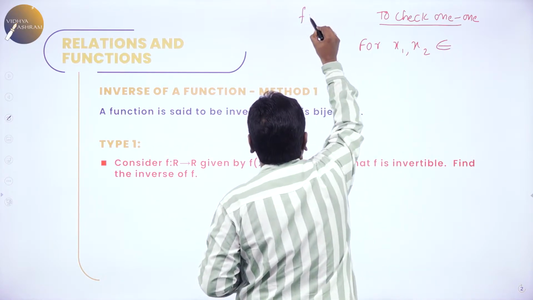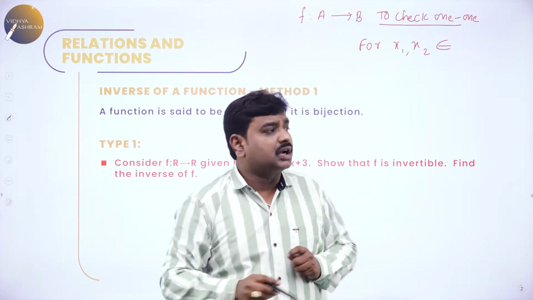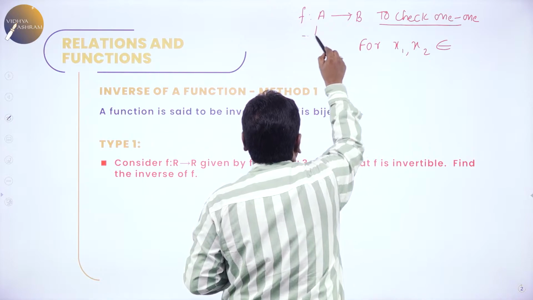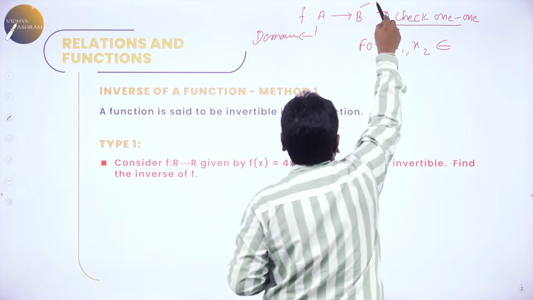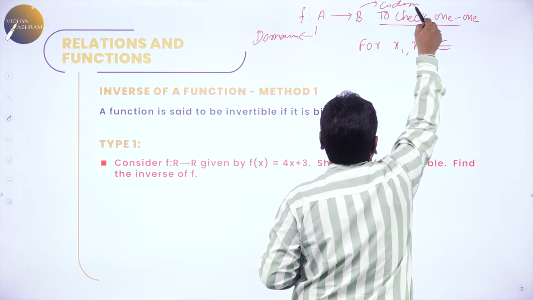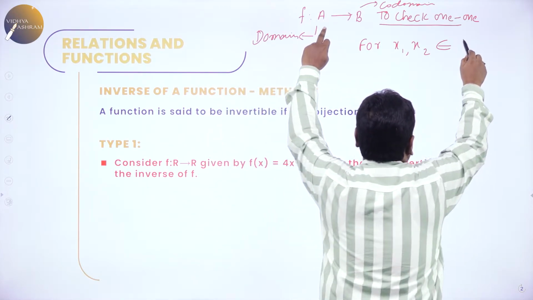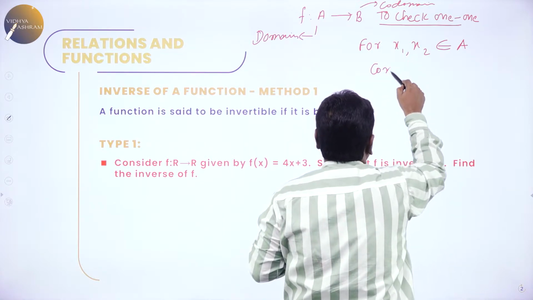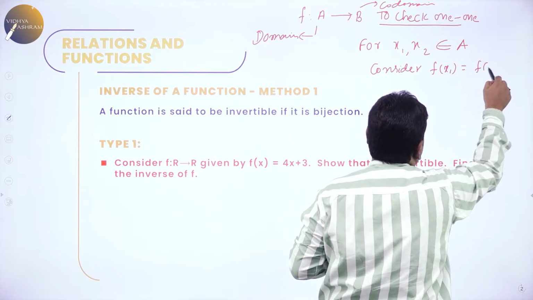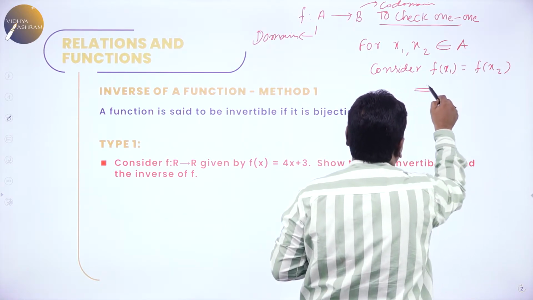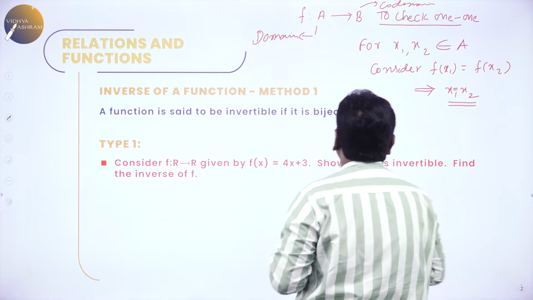Suppose I take a function f maps A to B. The first set A is called the domain, and the second set is called the codomain. Now for x1, x2 belonging to the domain A, we should consider f of x1 is equal to f of x2, and finally we should arrive at x1 is equal to x2.